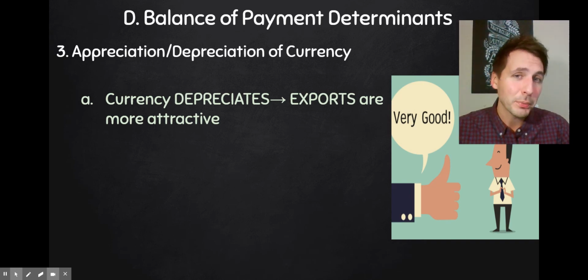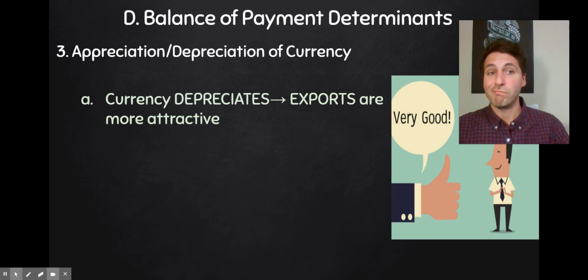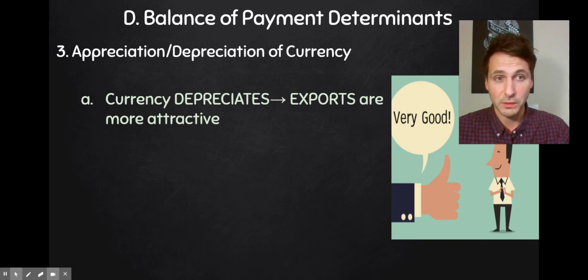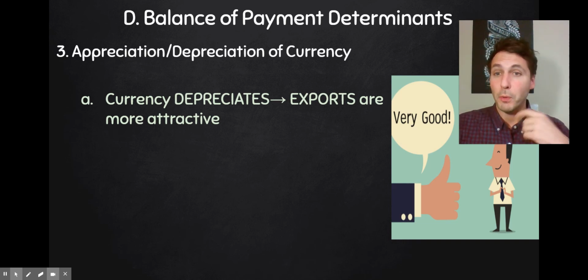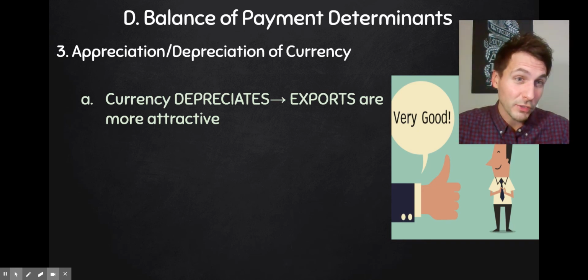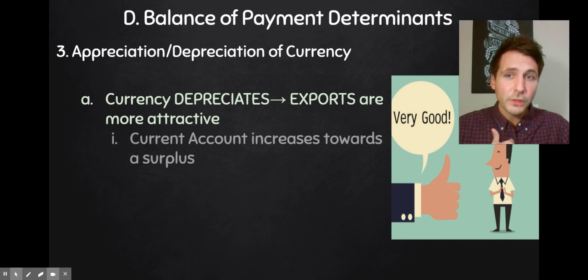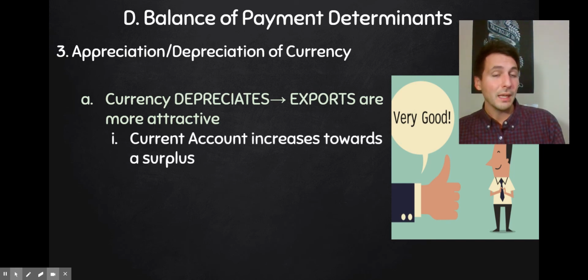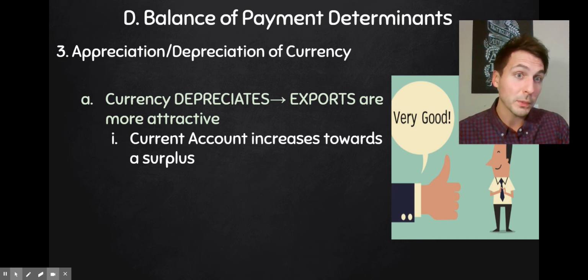If our currency depreciates, it means that we're going to buy fewer imports because they're going to look relatively more expensive. But other nations are going to buy more exports because our exports look relatively less expensive to them because our currency has depreciated. So as a result, our current account is going to move towards a surplus. Depreciation leads to higher exports, which leads to a current account moving towards a surplus.